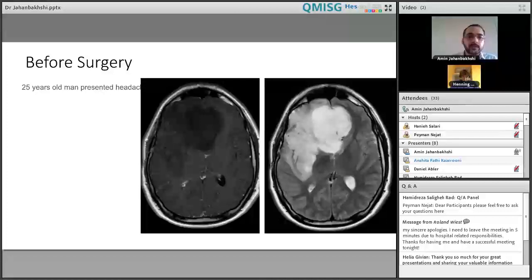We usually use, for example, perfusion scans.